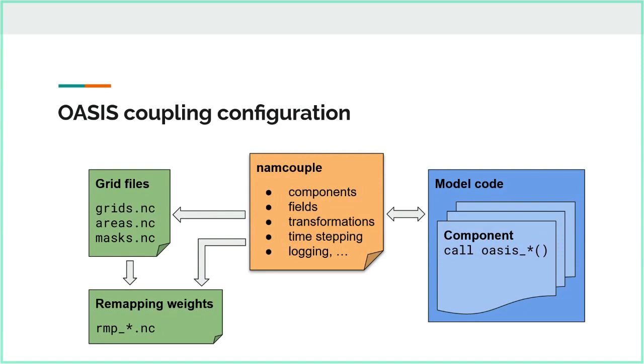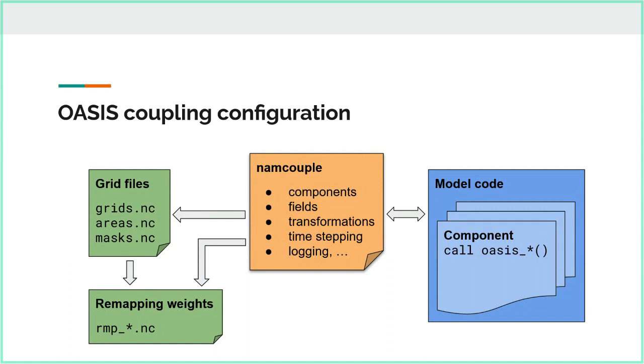And OASIS uses them, of course, to actually remap the grids. And then last but not least, you have also the model code where you have the OASIS calls, which both make the link between the model component data structures, the arrays, and the OASIS coupling fields, but also determine the sequence of coupling by calling OASIS put and get.